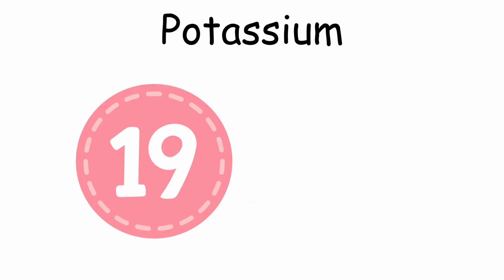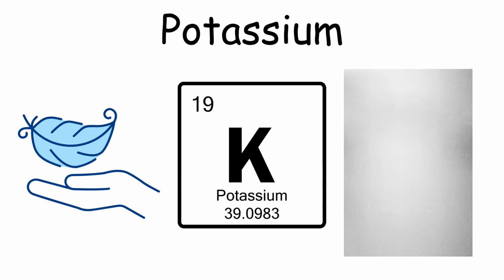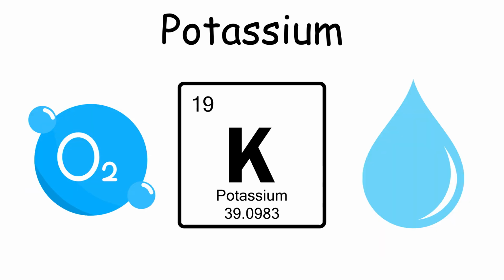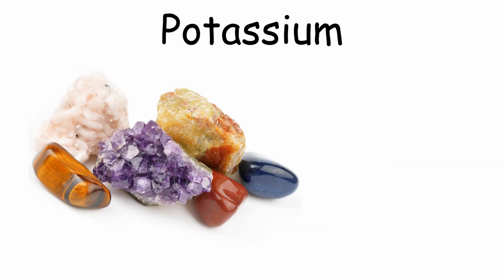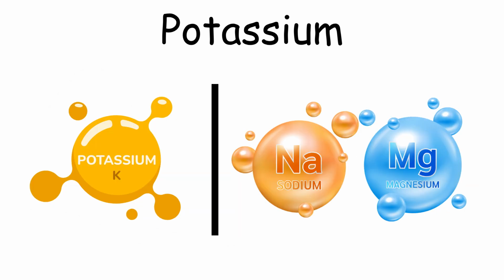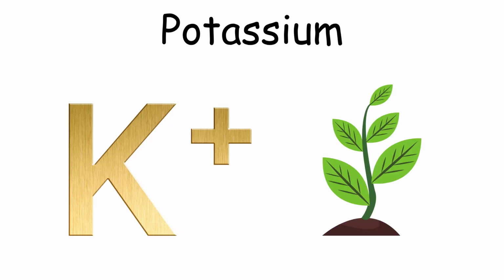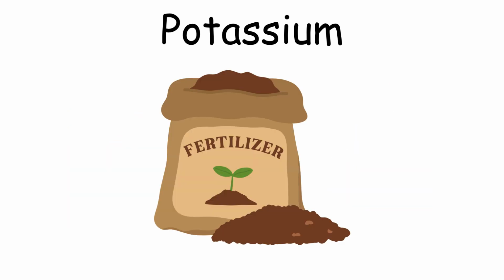The 19th element with symbol K, potassium, is a soft, silvery white metal which is highly reactive to oxygen and water. It is mined from rocks and minerals as salt and then separated from sodium and magnesium compounds through different methods. Ions of potassium are essential components for plant nutrition, being used as fertilizer in agriculture and horticulture.